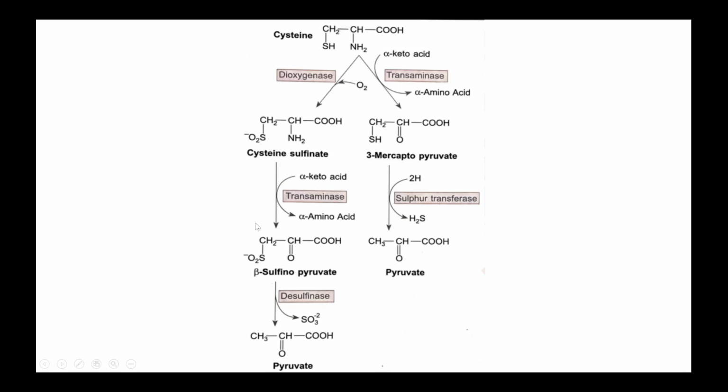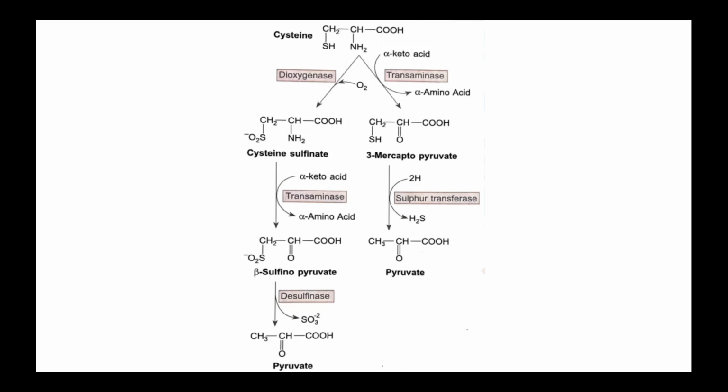We have discussed transamination reactions in the previous session. So cysteine sulfinate becomes beta-sulfinylpyruvate, and this then gets desulfinated. The sulfite group is removed and it becomes pyruvate. So cysteine can get oxidized to form cysteine sulfinate, which can then undergo transamination and then desulfination to form pyruvate.